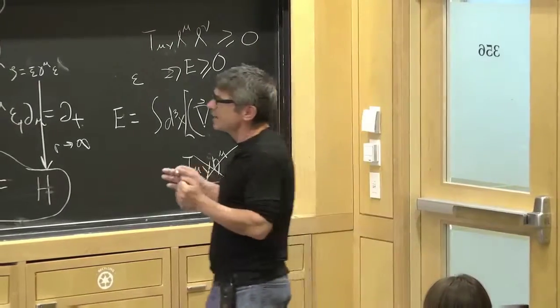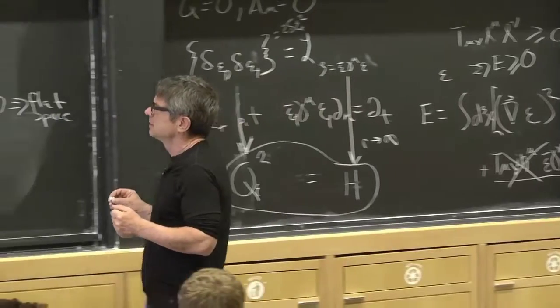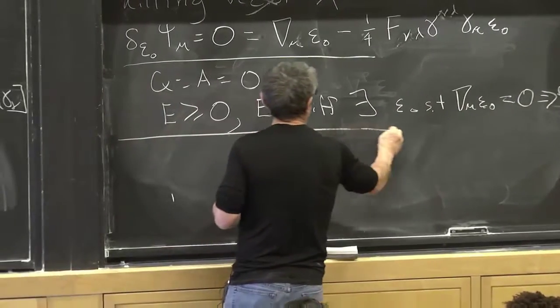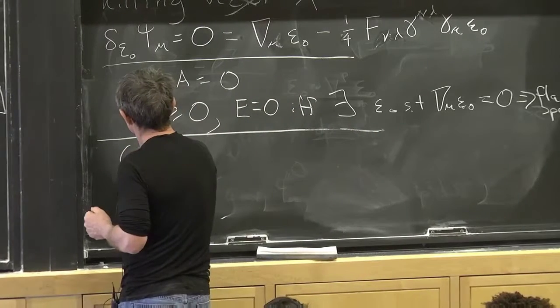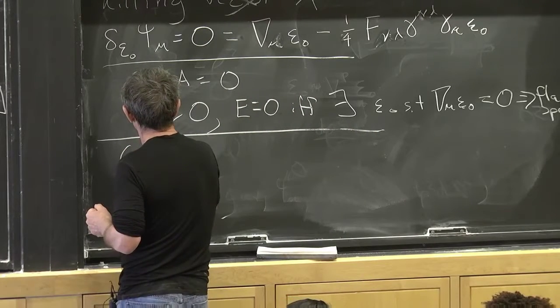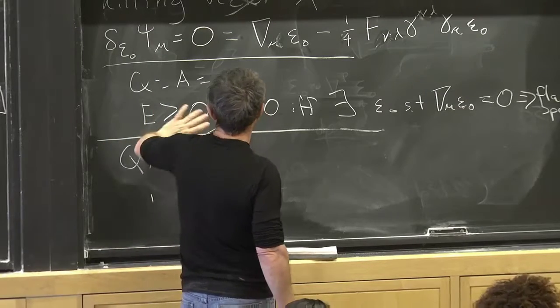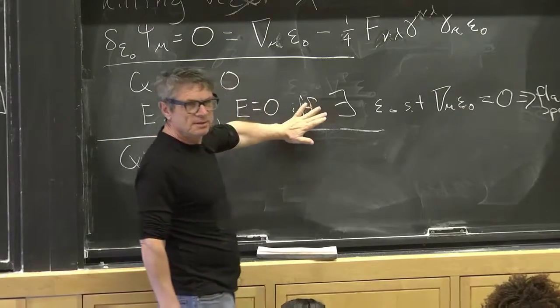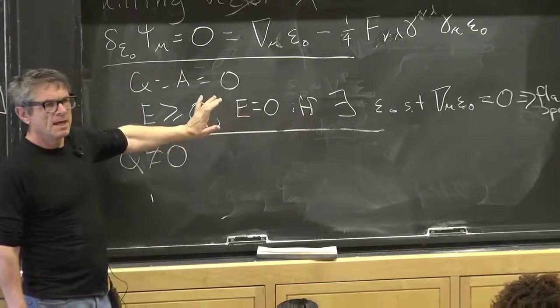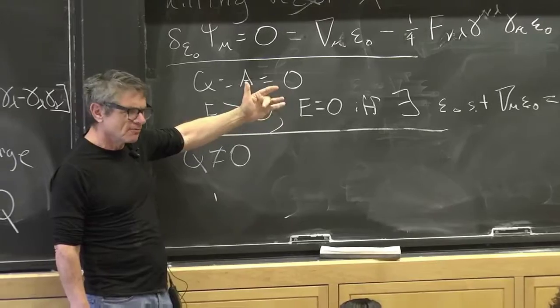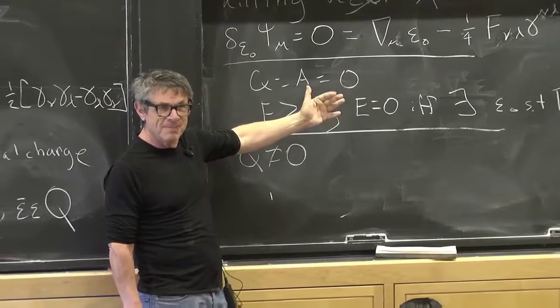Okay, so now let's take Q not equal to 0. So this is an example of what's called a Bogomolny bound. And Bogomolny proved his bound using a very different kind of method.